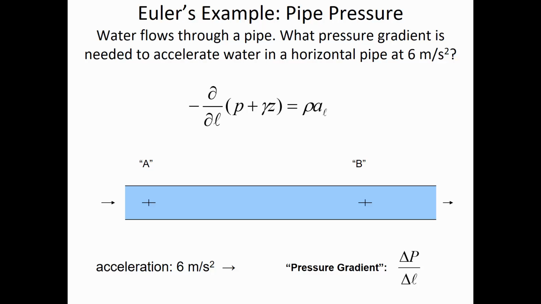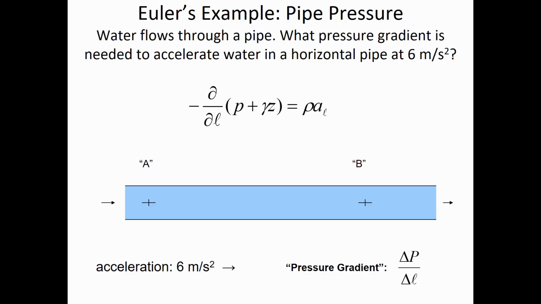So that means that location 2 is going to be B, and location 1 is A. And so when we expand out Euler's equation, it's going to be P plus gamma Z at location B minus P plus gamma Z at location A is equal to minus delta X, density of the fluid, acceleration in the X direction.